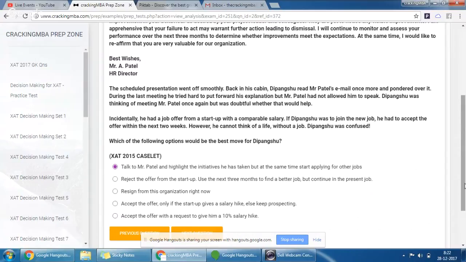Okay, so I checked these solutions. I think these ones look pretty sensible. Okay, so probably let's just look at this. Talk to Mr. Patel. Okay, I think it's option E according to this one as well.